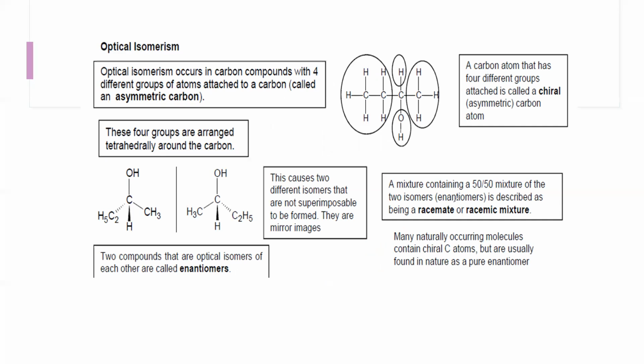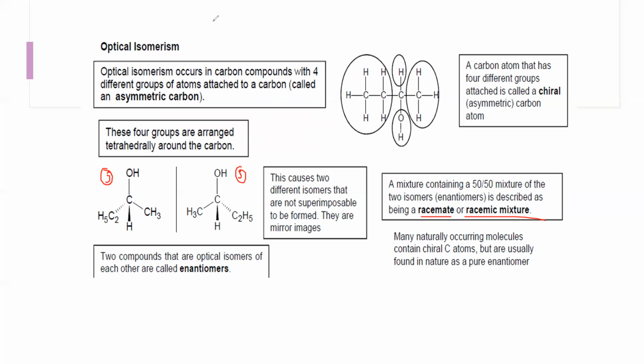Sometimes we have a racemic mixture, meaning we have both isomers in the same ratio. For example, if we have 5 molecules of the isomer which rotates the polarized light clockwise, and 5 molecules in the mixture which rotate the light anti-clockwise, with the same ratio, we call that a racemate or racemic mixture.